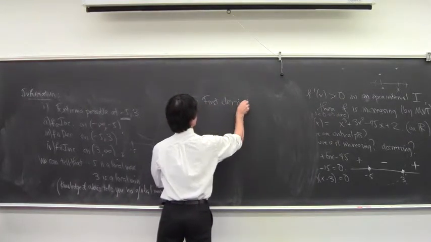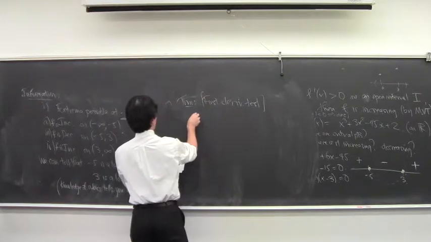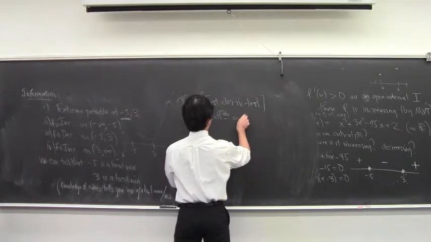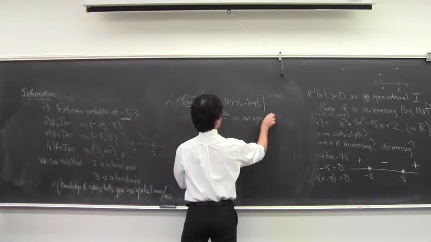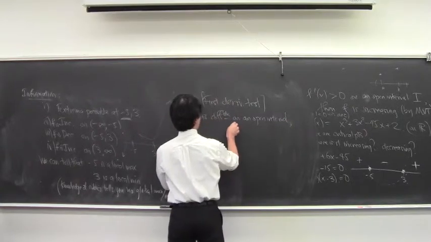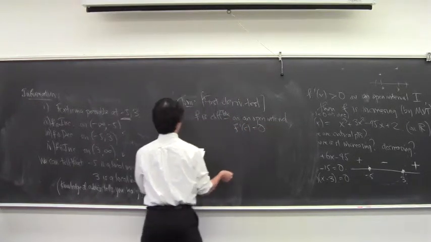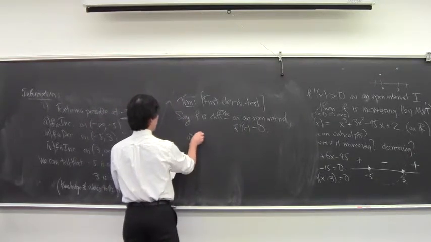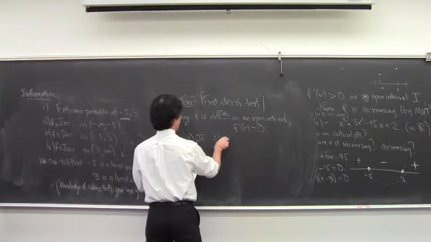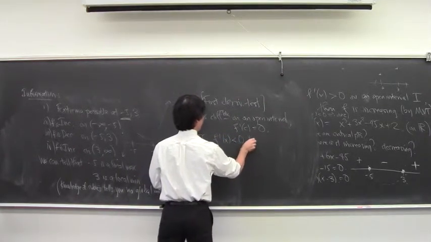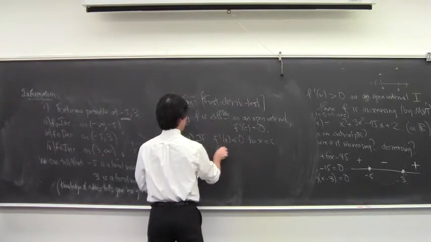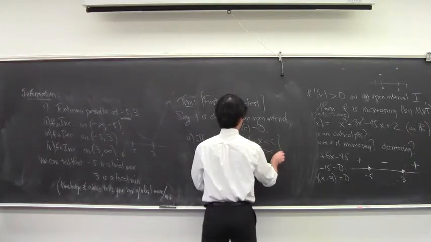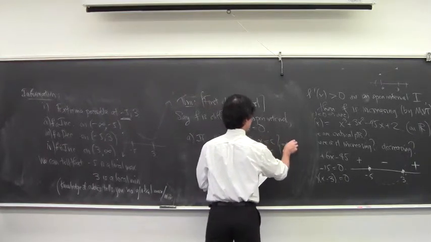So here's the first derivative test. If f is differentiable on an open interval, and f prime of c is 0, if f prime is less than 0 before, and f prime is bigger than 0 after, then it's a local min.